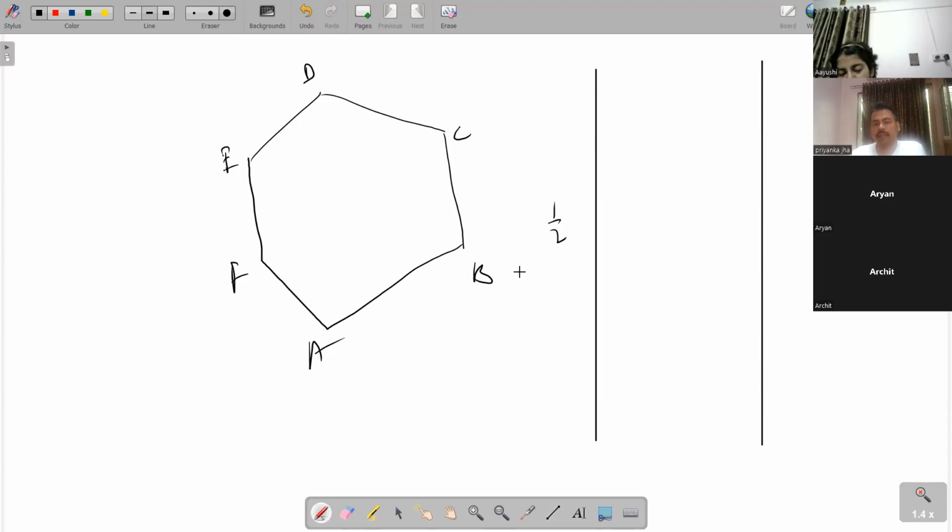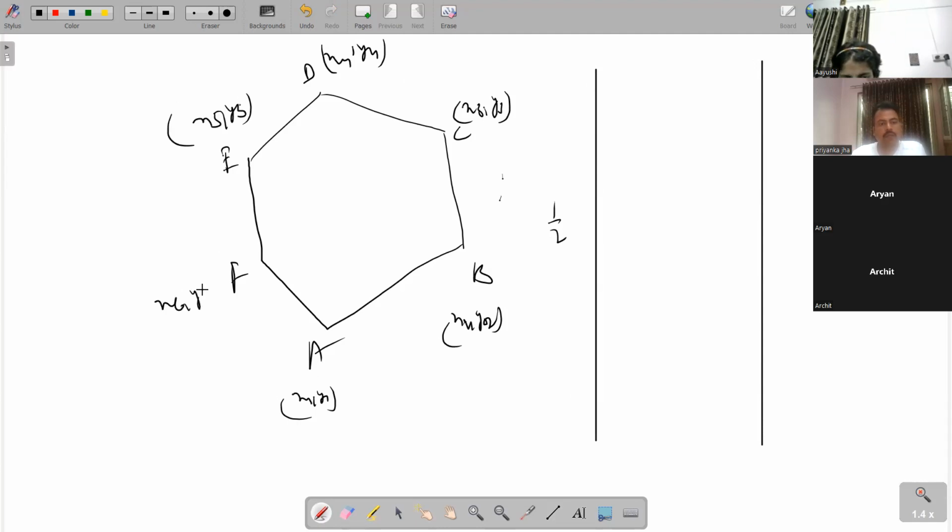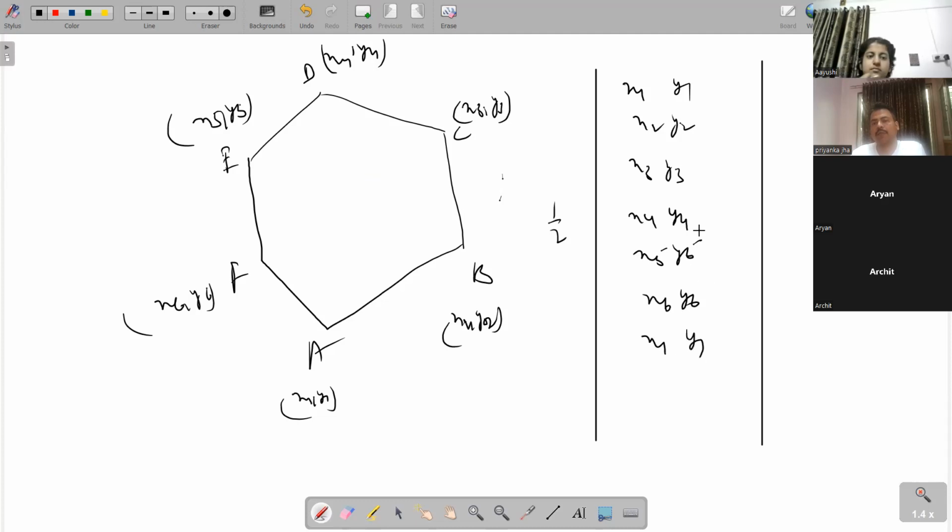Half. And then suppose this is your x1, y1, this is your x2, y2, and like that x3, y3, x4, y4, x5, y5, x6, y6. You can start with any point. Suppose I start with x1, y1. Keep writing this: x2, y2, x3, y3, x4, y4, x5, y5, x6, y6, and then again end with the same point.